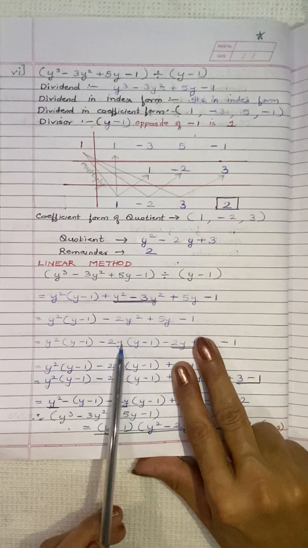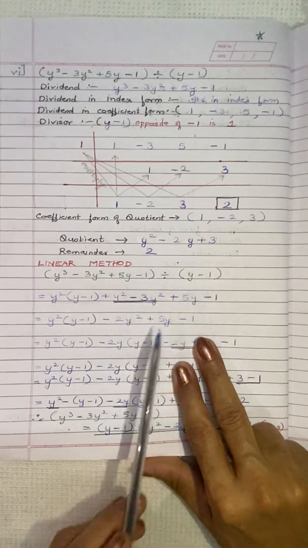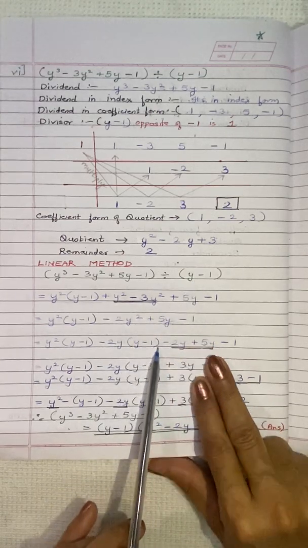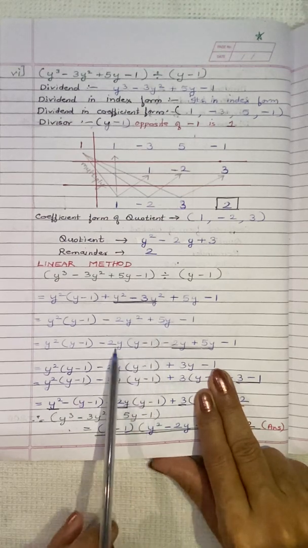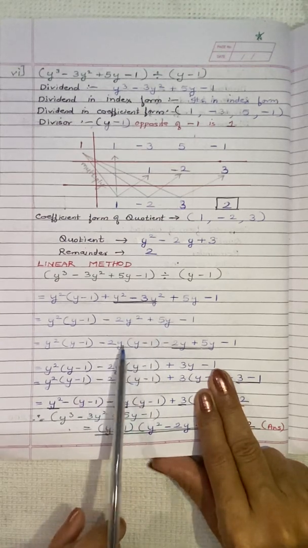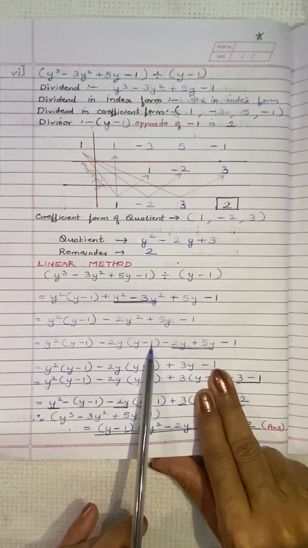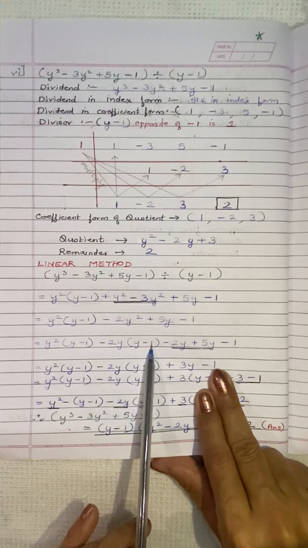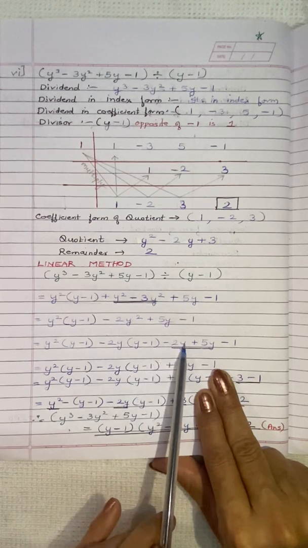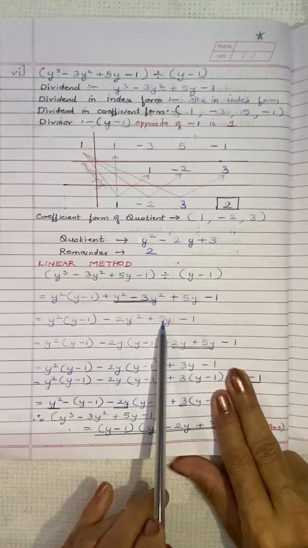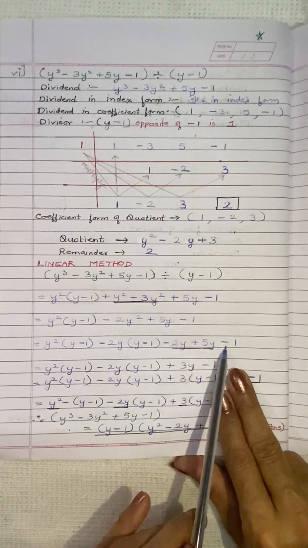So minus 2y, second y we will replace it by the divisor y minus 1 and we will multiply negative 2y into negative 1 will give us positive 2y, but we will write opposite of positive 2y as negative 2y over here and then copy the rest of the terms, plus 5y and minus 1.